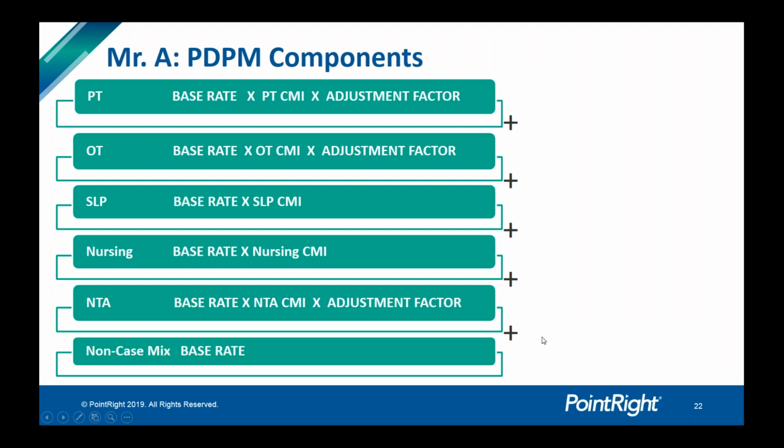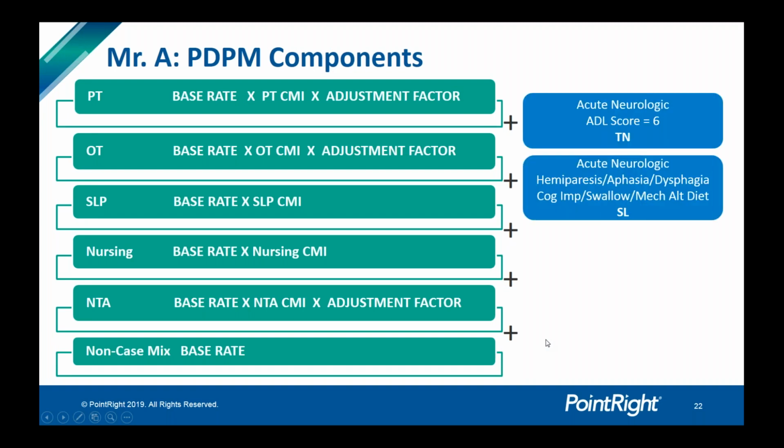So how does this play into the components for Mr. A's payment? If we look at his PT, OT, and speech categories, he had a stroke, so his primary diagnosis is related to that stroke, his hemiparesis. And so that puts him into the acute neuro categories for PT, OT, and speech.